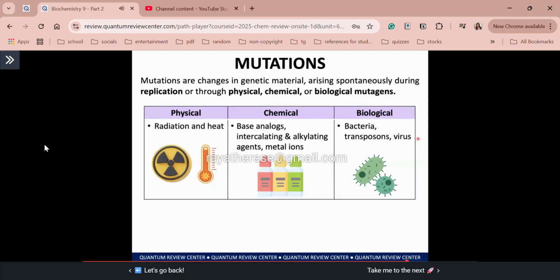Okay? So class, again, remember, ang bacteria and viruses like your SARS-CoV-2 can disrupt our cell regulation through DNA damage. So class, ang mutations, we can classify it into different types.